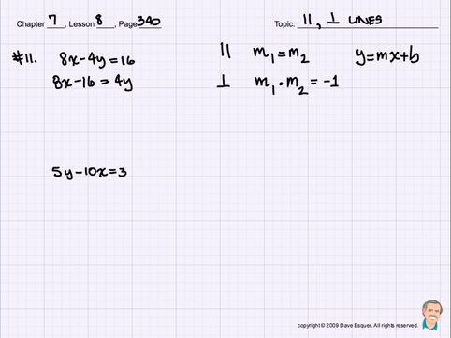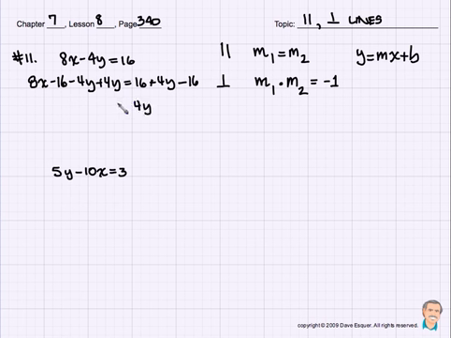Maybe I should slow up just a little bit on that. Let me go back and we'll erase this. And we will go ahead and say 8x minus 16 minus 4y plus 4y is equal to 16 plus 4y, and minus 16. Okay, so I did it all in one fell swoop.